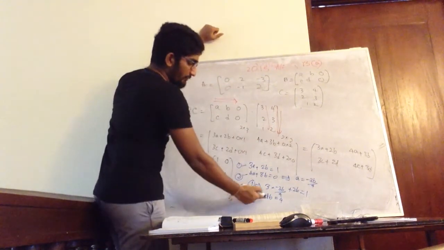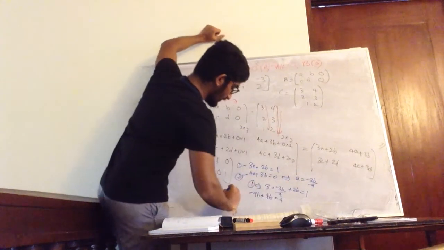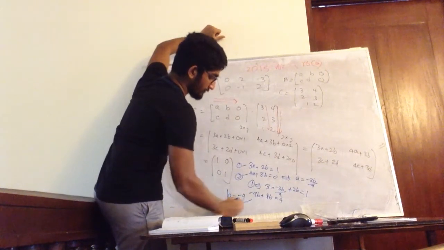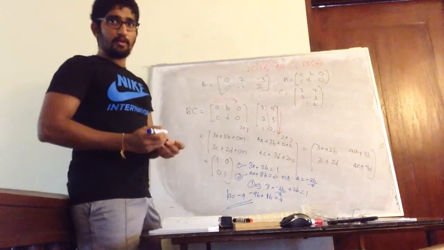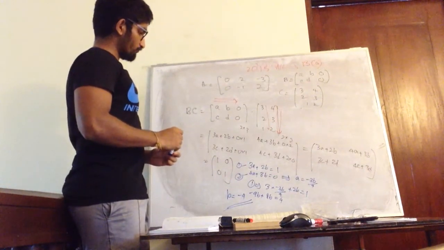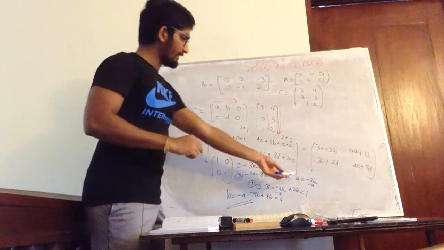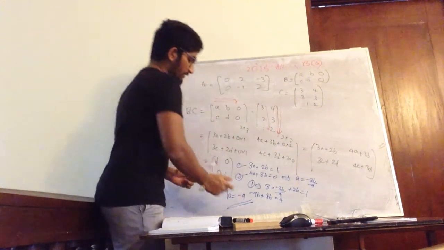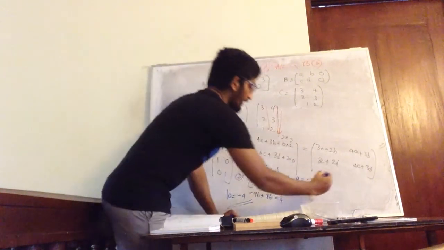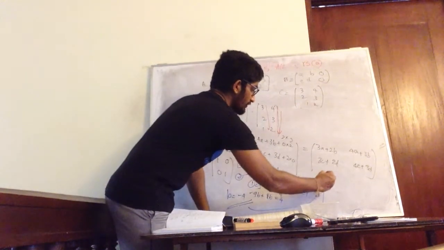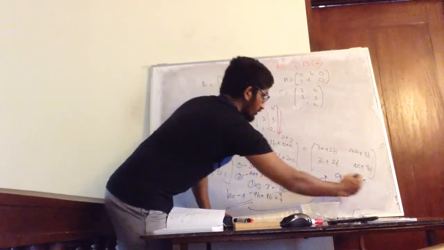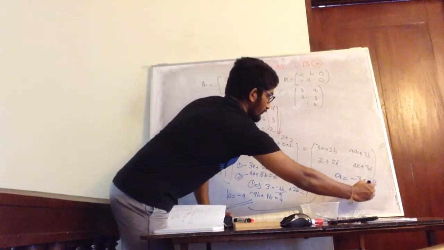So then I will get b as minus 4. Correct? Then I can get a as well. From here, a is minus 3 into minus 4 over 4.